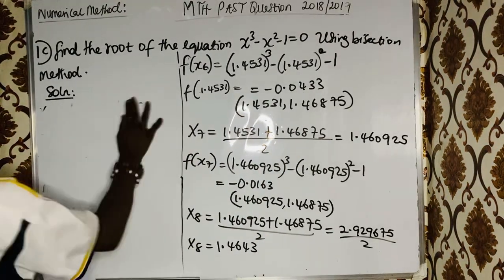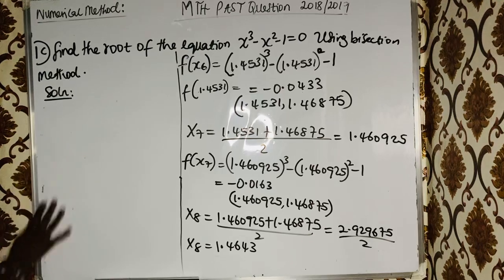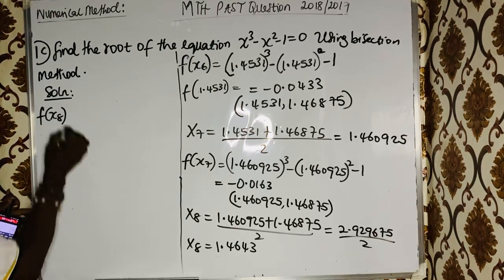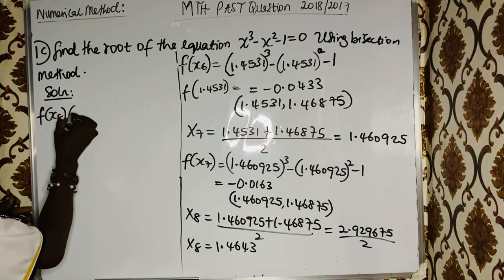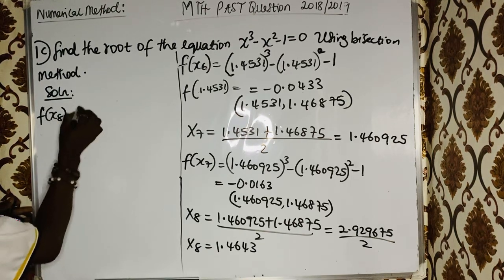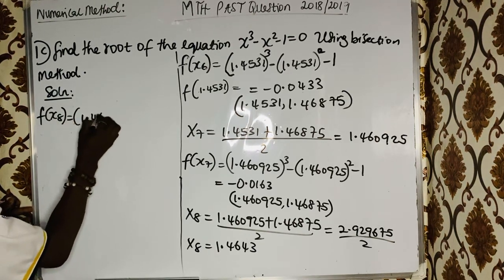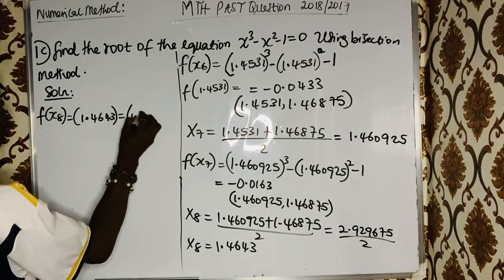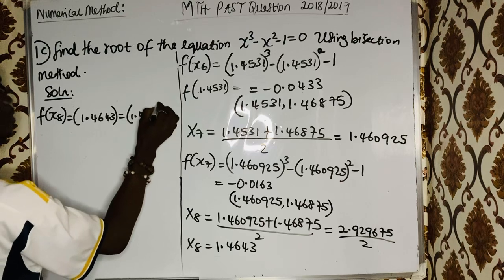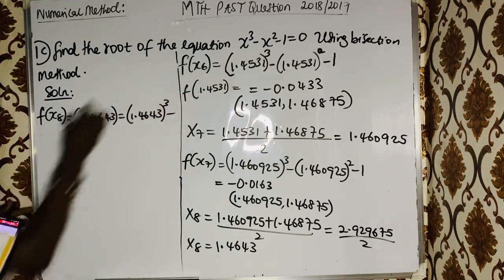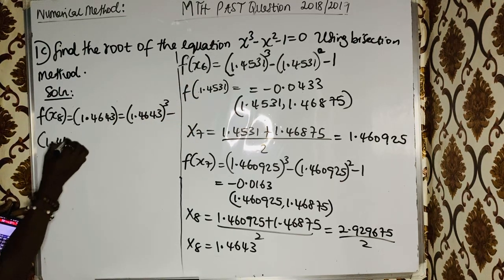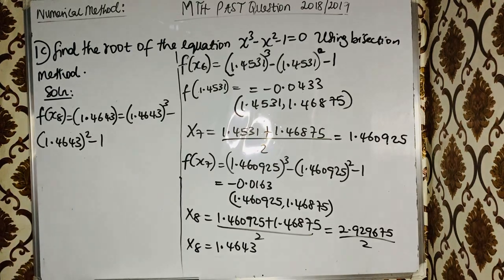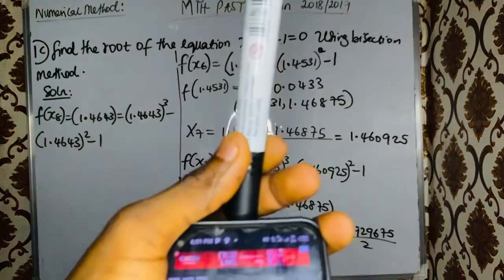So f of x8, which is 1.4643, is equal to 1.4643 to the power of 3 minus 1.4643 to the power of 2 minus 1. So if you do it well, let me do it with my calculator.